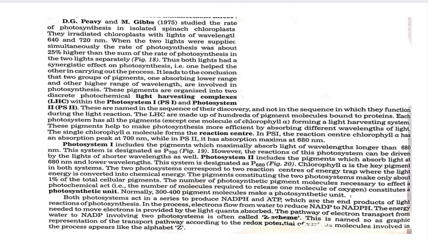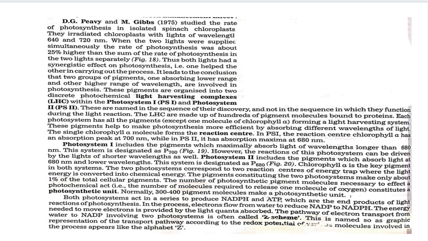Then D.J. Fork and M. Gibbs studied the rate of photosynthesis in isolated spinach chloroplasts. What they did was irradiate the chloroplasts with lights of wavelength 640 and 720 nm. That is a light of shorter wavelength and a light of longer wavelength.